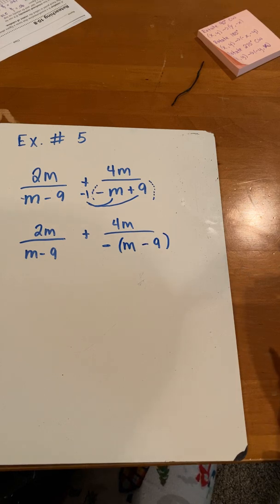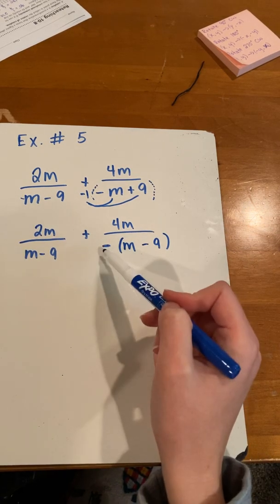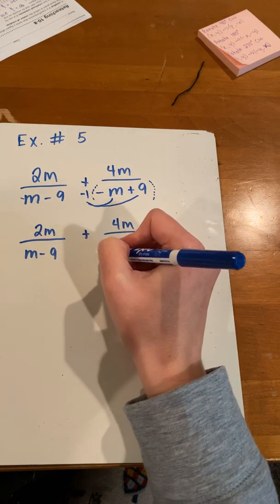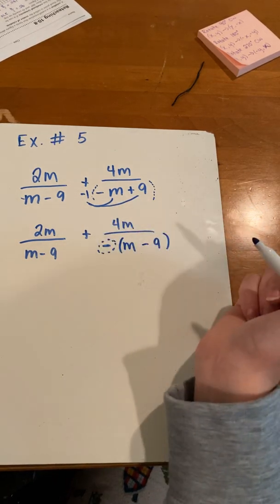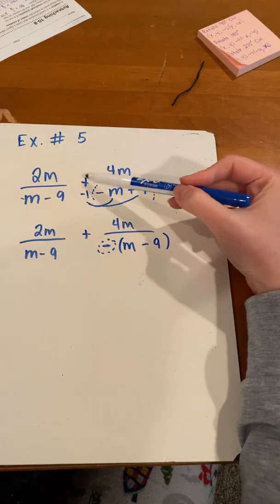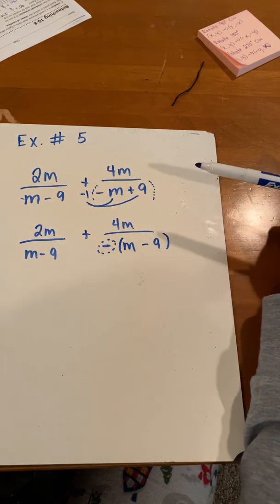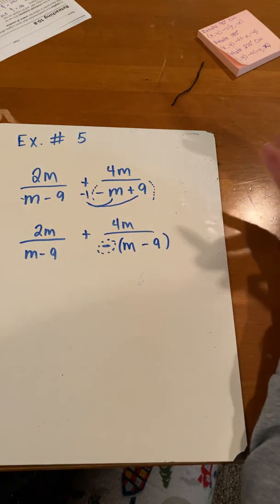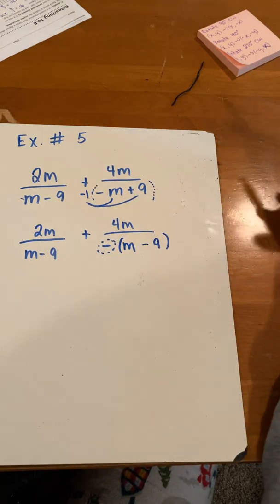Sound good so far? And now that creates, rather than an addition problem, a subtraction problem. This negative sign right here is going to trump that addition sign, because while the original problem was addition, we swapped it to the additive inverse as soon as we pulled out that negative 1, and the additive inverse just means we're adding the opposite of the original.